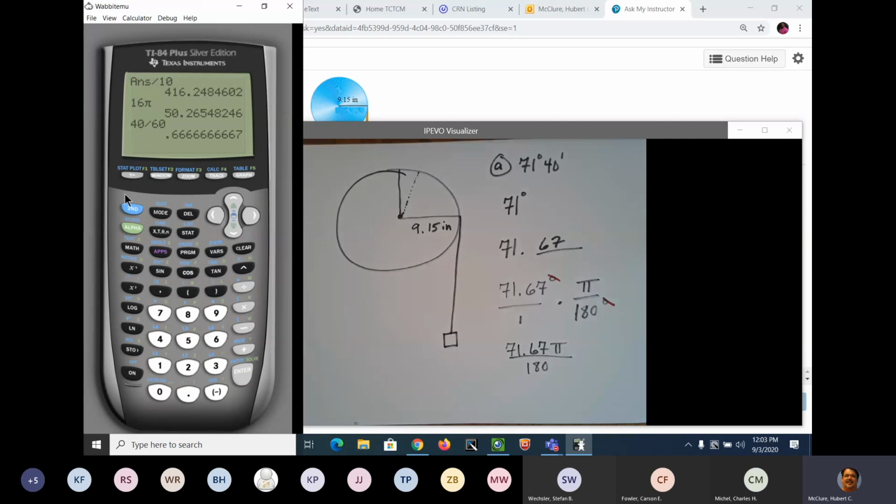Now, of course, you need to change that into a decimal if you want to. That's up to you. And then I'm going to multiply that by R, which is 9.15.